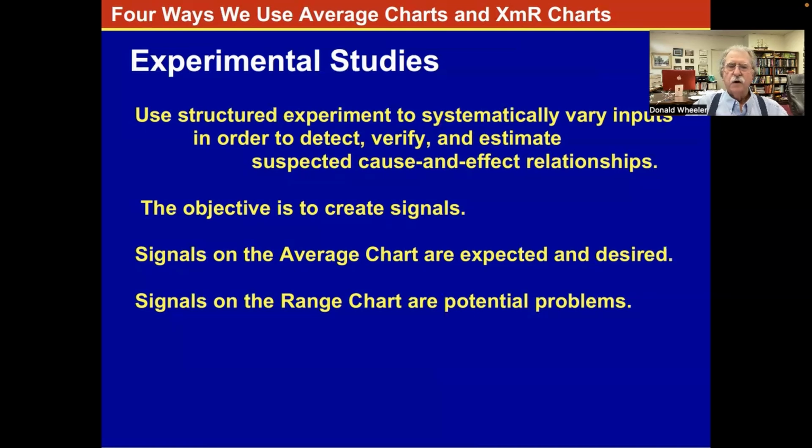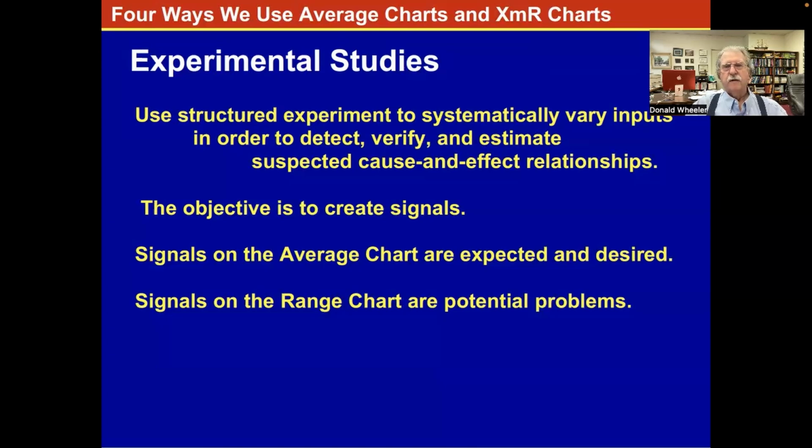Signals on the range chart are potential problems. And see, this is what we were doing with a short EMP study. Pollock variation caused us to expect points outside the limits on the average chart. But signals, points outside the limits on a range chart, would be a problem with the measurement system.